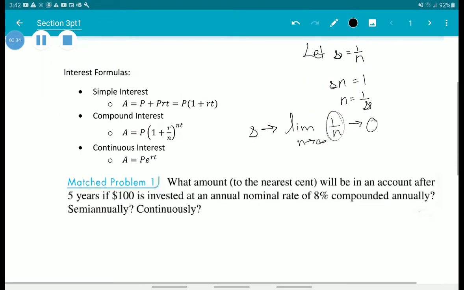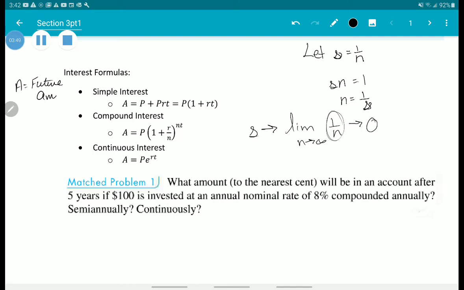All right, so let's review the interest formulas. We have 3 that we can talk about: simple interest, compound interest, and continuous interest. Simple interest is interest that happens one time. So your future amount A is equal to P times (1 plus RT).